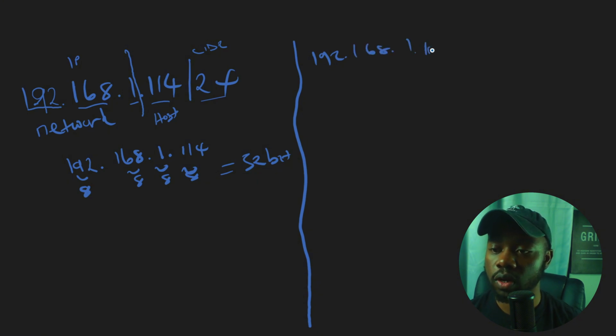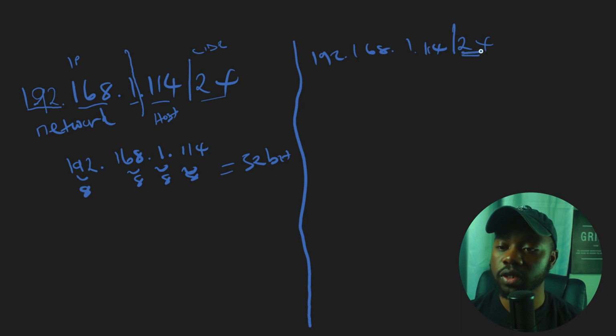in this case we have 192.168.1.114/24, and we say the /24 represents the subnet mask of the given IP address.